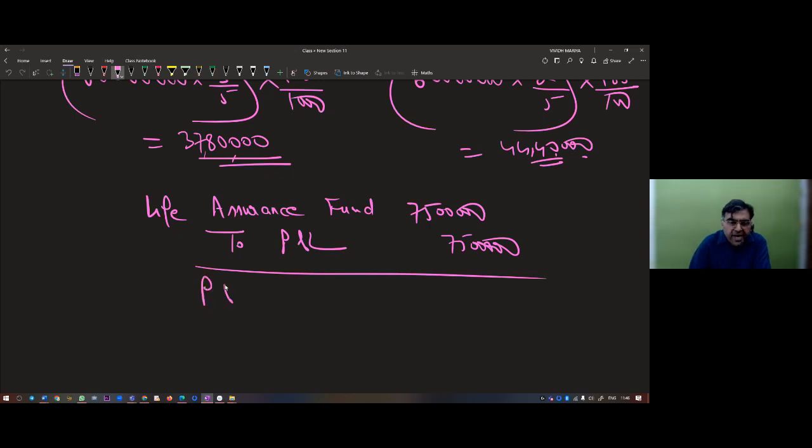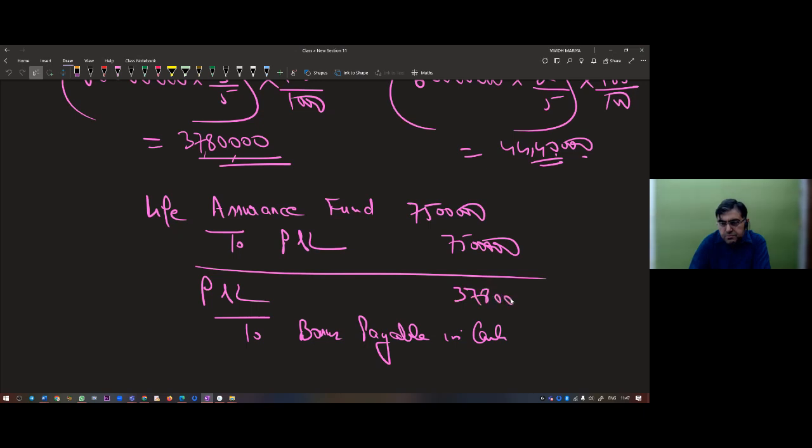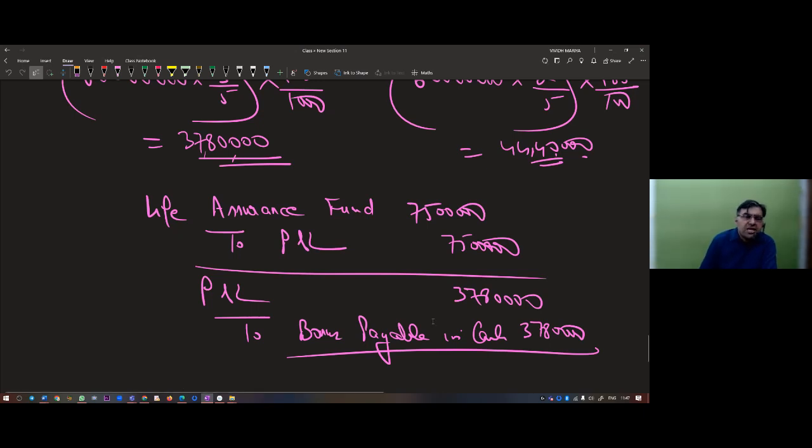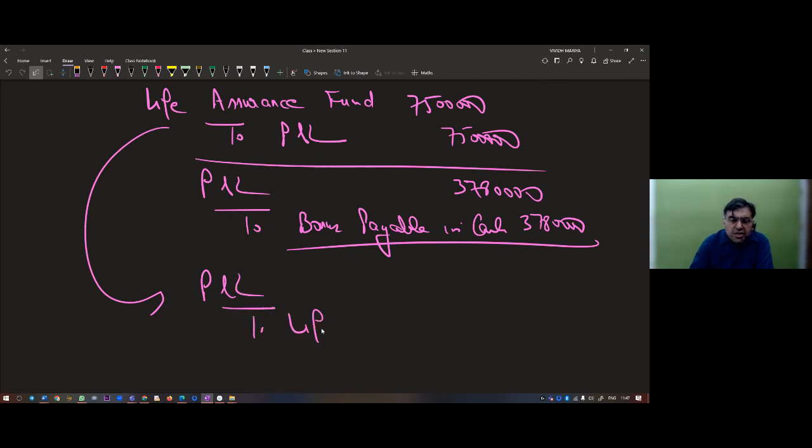From P&L account, we have to pay bonus payable in cash. Reversionary bonus is not to be paid immediately. Reversionary bonus is to be paid along with the claim, so we will transfer it for the time being to the fund again. So reverse entry, P&L debit to life insurance fund 4440.